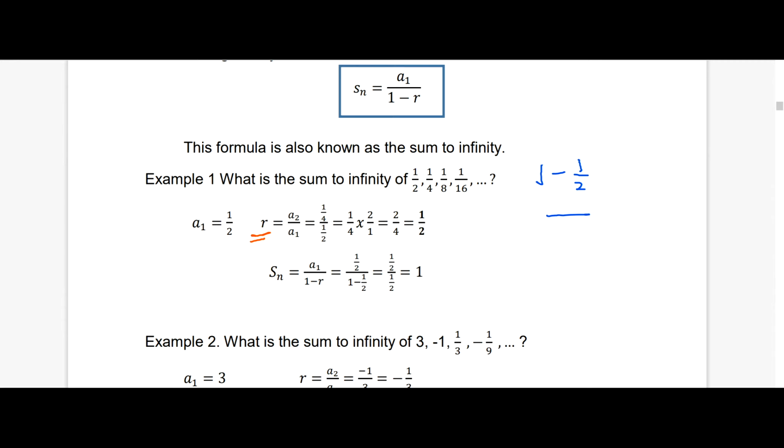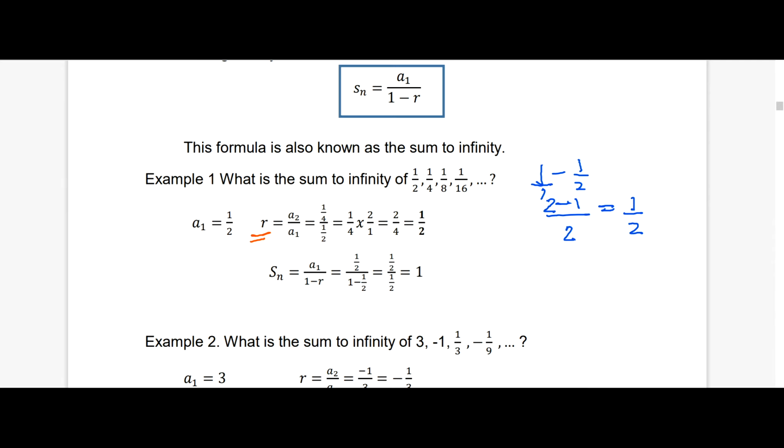Ano yung least common denominator nila? That's 2. So, ito laging may 1 yan kapag whole number. So, 2 divided by 1, that's 2 times 1 is 2. 2 divided by 2, that's 1. Times 1, that is 1. So, 2 minus 1, that is 1/2.